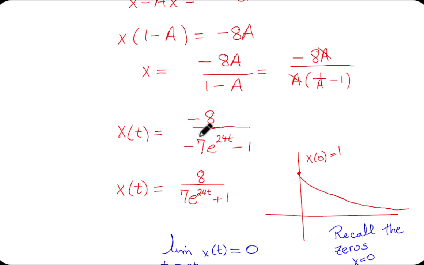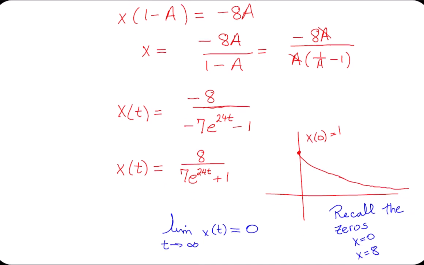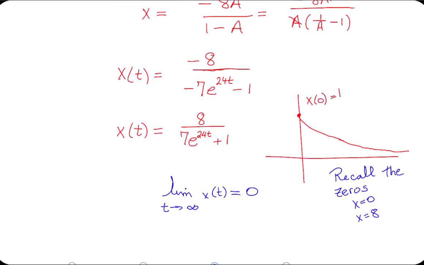And I'm going to get a 7 in the front. All right, got a minus 8 still stuck there. So I've got a positive 8 over 7. And so if I let t go to infinity, this term will grow on the bottom. It'll keep growing, meaning our item is going to decay down to one of our zeros, which was 0.